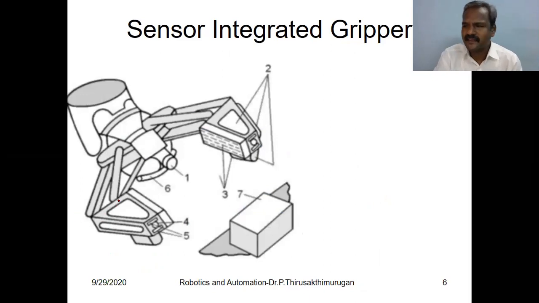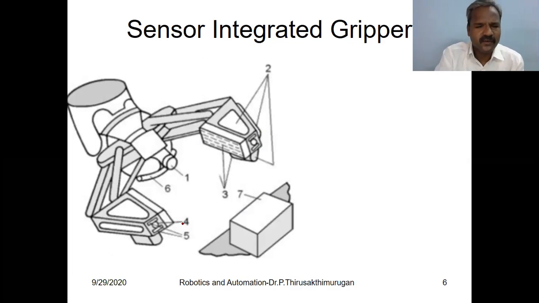So what are the various sensors in the setup? One is the approach sensor, also called proximity, which can be used to detect the object.